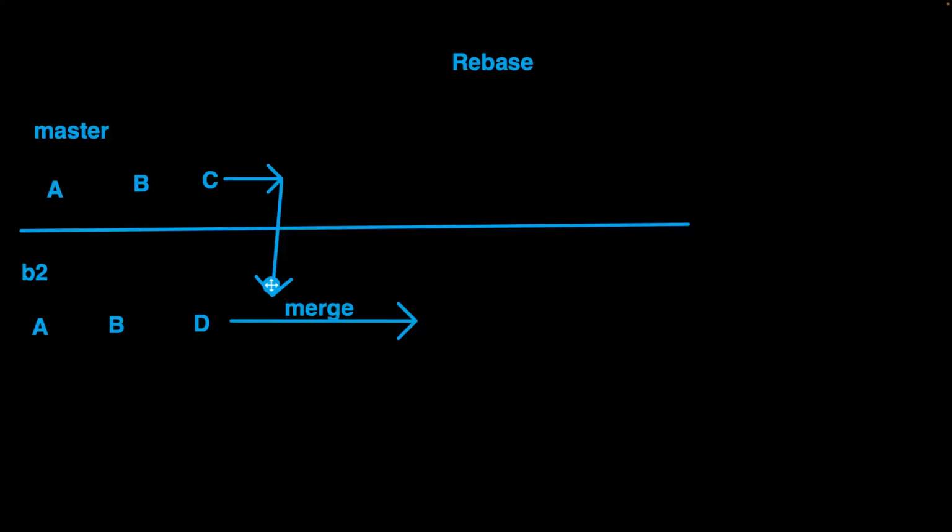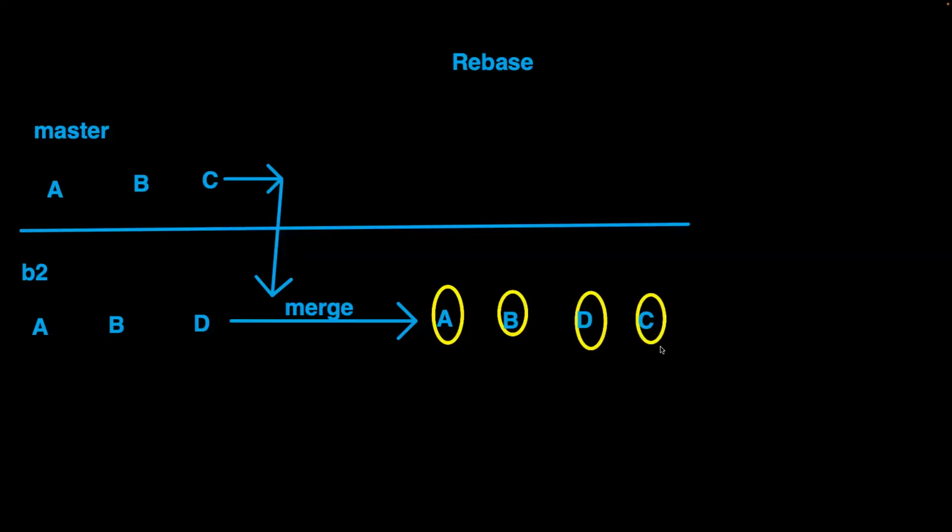Merge. After merging, commit C should be coming here. This would be the commit history of the destination branch: C would be added as the topmost commit into the destination branch. This is what happens when you merge.